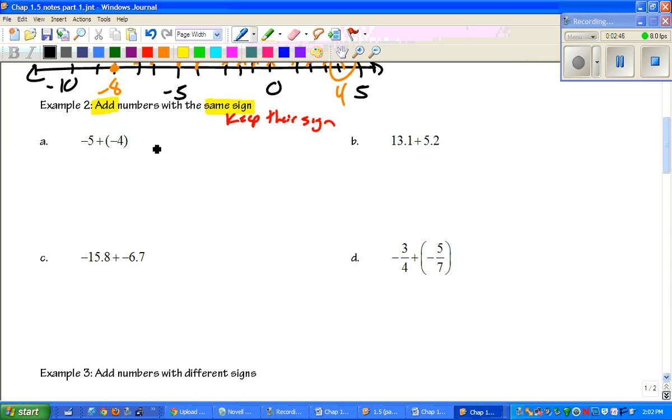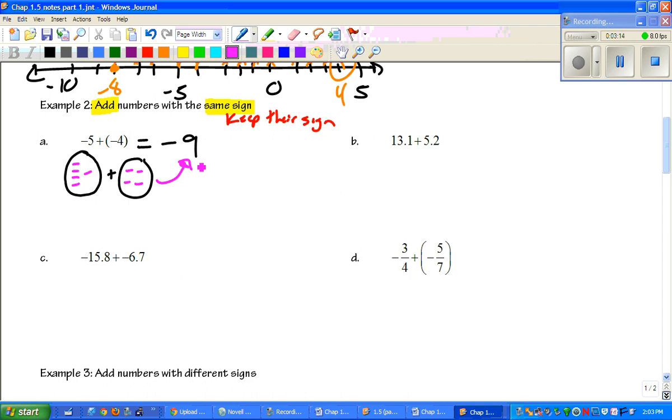Okay, so negative 5 plus negative 4, add those numbers up, and you get negative 9. Now, if you want a visual representation of this, we have 5 negatives over there and 4 negatives. How many do we have all together? We have negative 9.